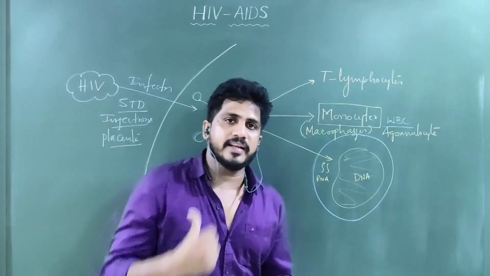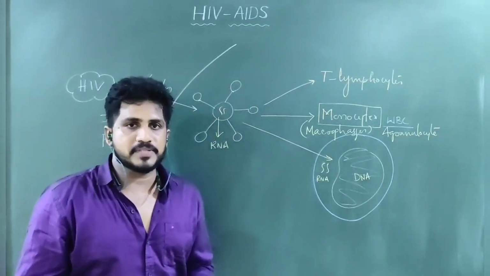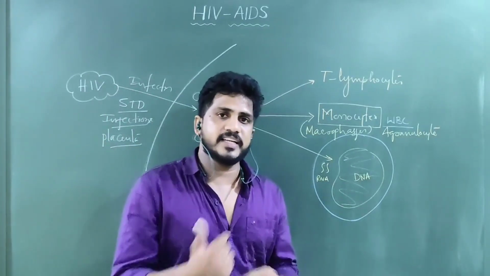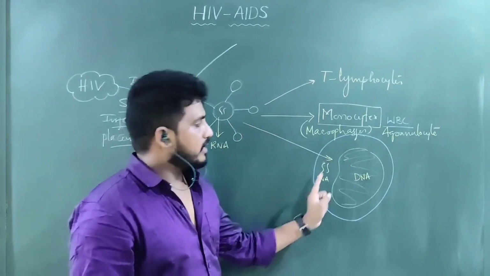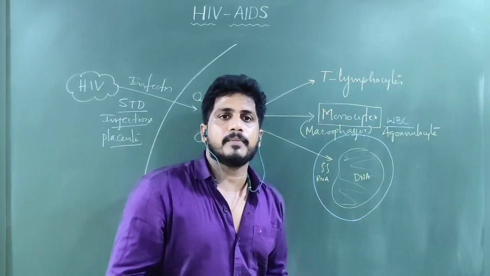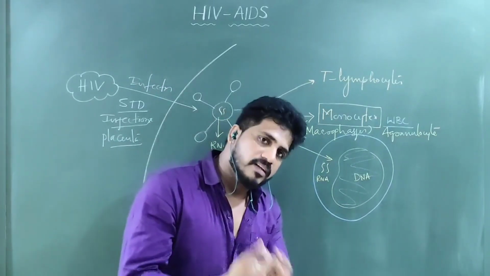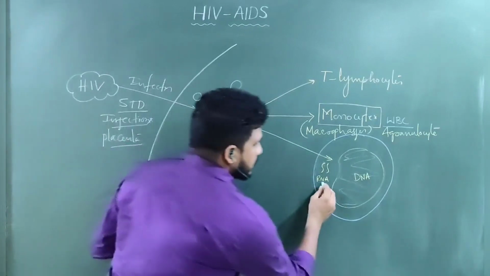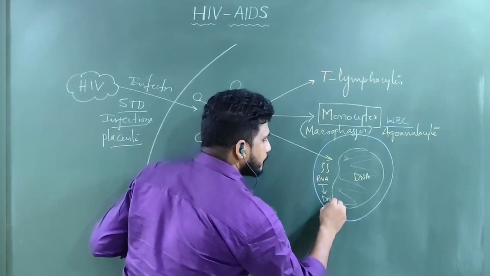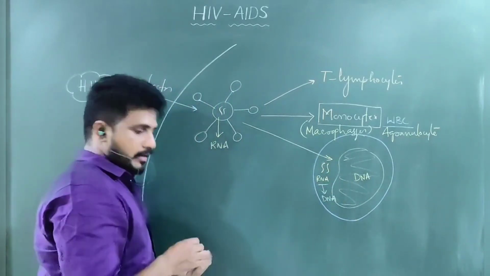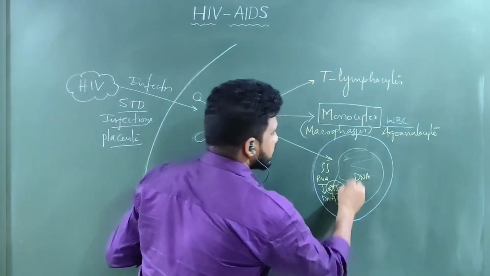Because in RNA, adenine, guanine, uracil and cytosine are present, thymine is absent, whereas in DNA, A, G, T, C, adenine, guanine, thymine, cytosine are present. As the base sequences of RNA and DNA are not compatible, they cannot incorporate. But RNA is transcribed into DNA in host cells with the help of an enzyme called reverse transcriptase.